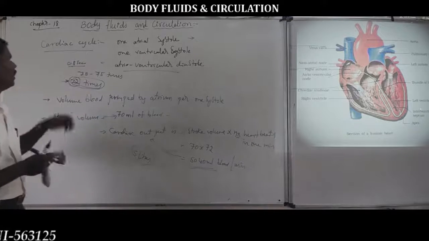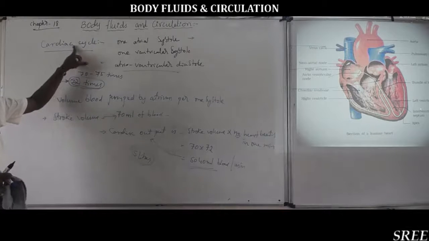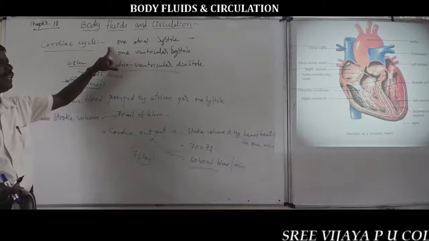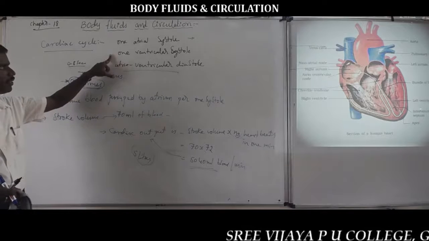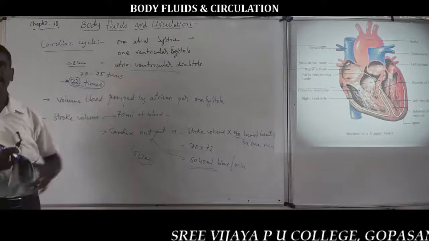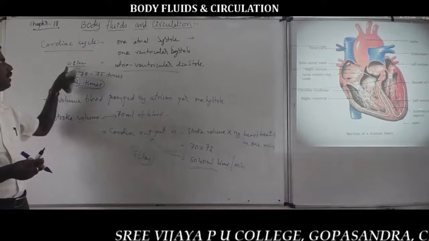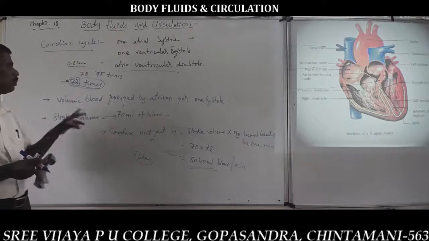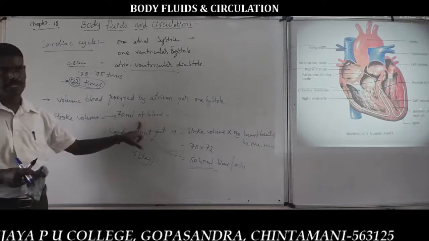So one cardiac cycle is one atrial systole, one ventricular systole, and both in diastole. It takes nearly 0.8 seconds. For one heartbeat, the heart pumps 70 ml of blood.